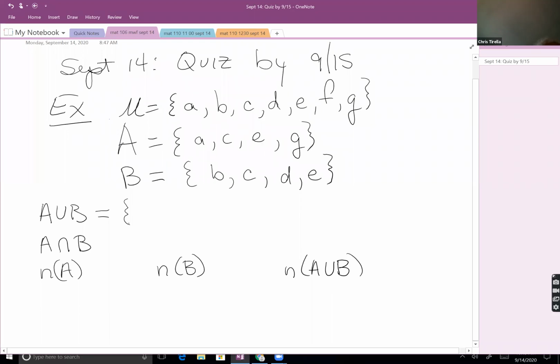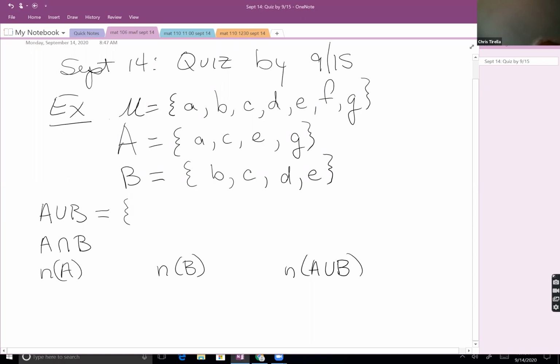Can anybody remember what we did when we took the union of two sets? We could draw a Venn diagram if we wanted to, but we don't necessarily have to.